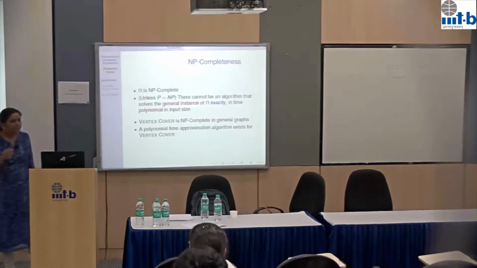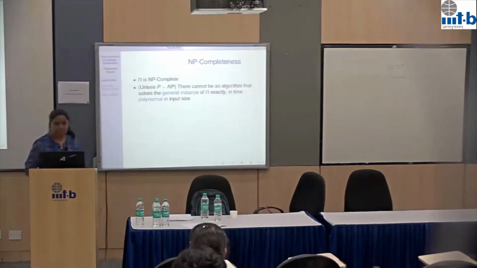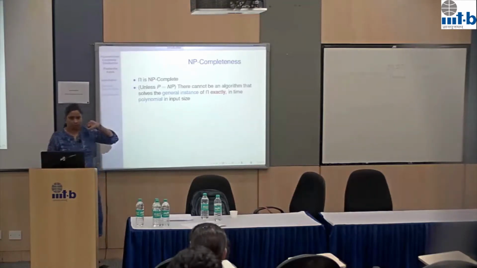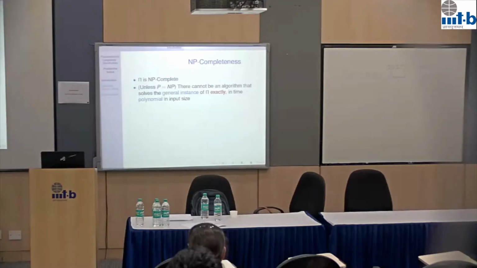In parameterized algorithms, what we are going to do is partially ignore two of these keywords. We'll ignore the general instance, but it's not like saying you are taking trees or something.